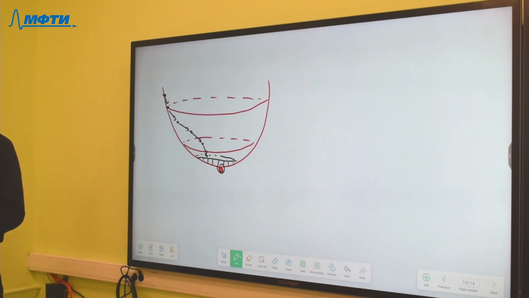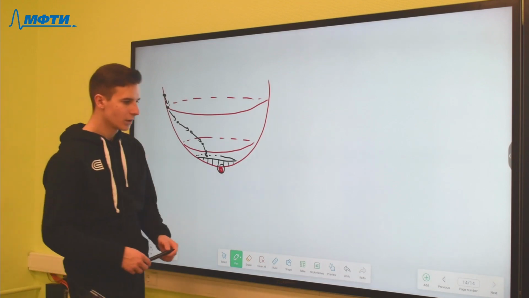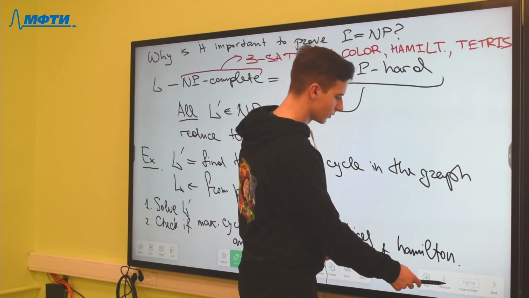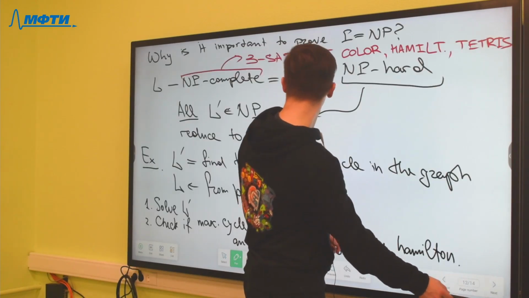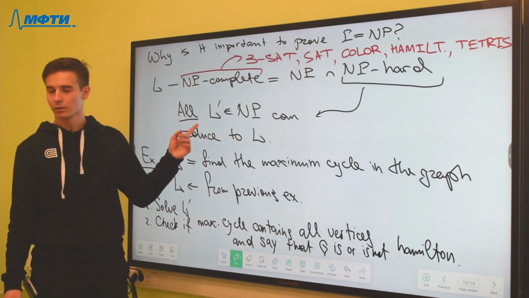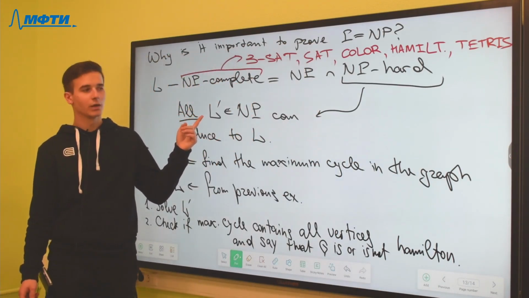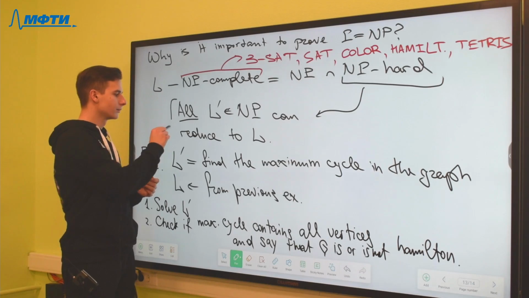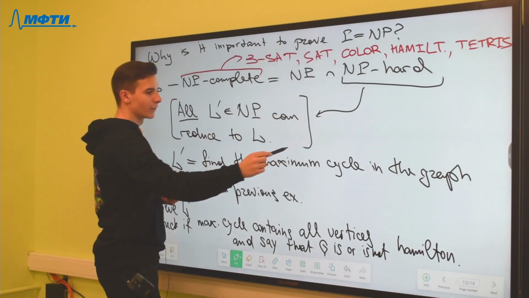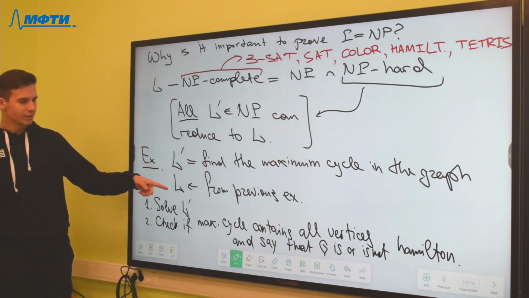It'd be hard. What is NP hard? NP complete, but NP hard. Okay. For example, you can reduce some tasks to other tasks.